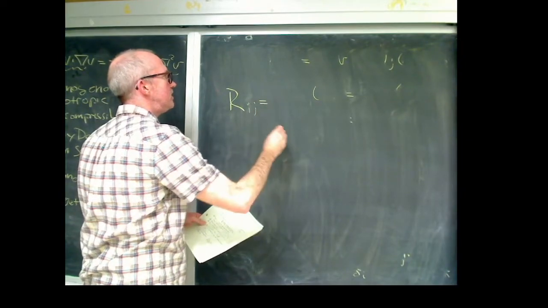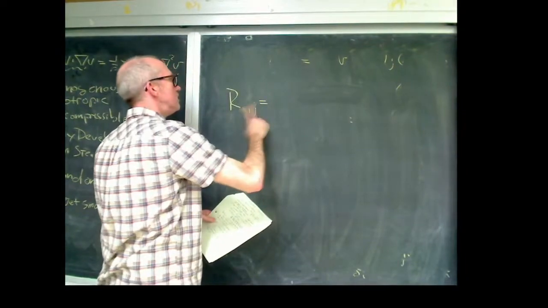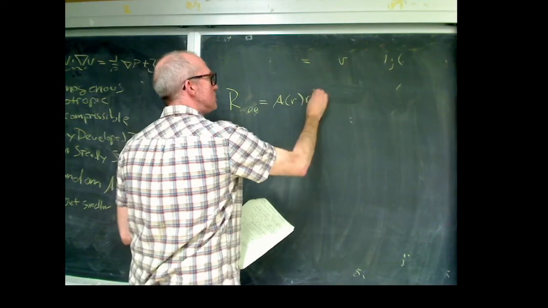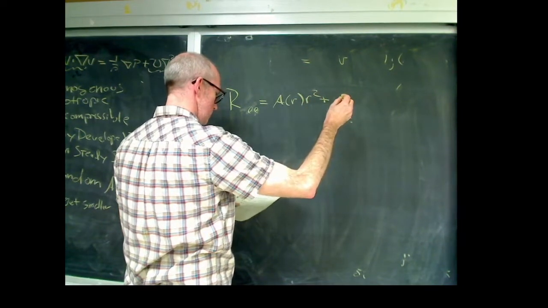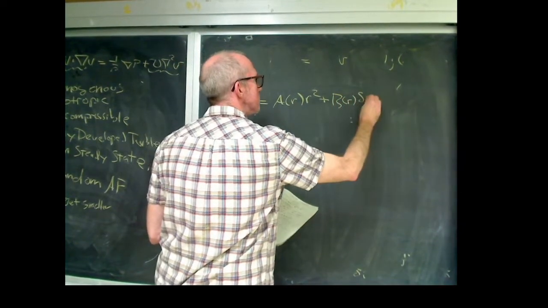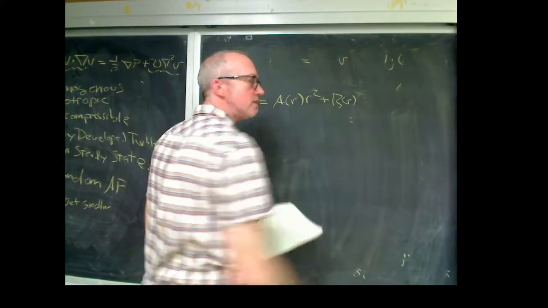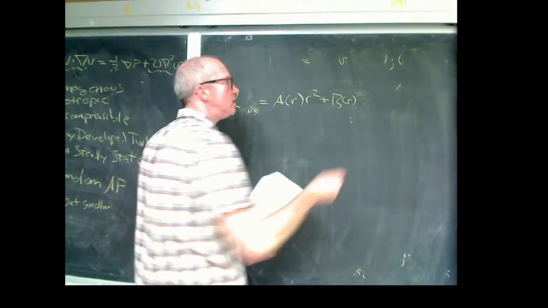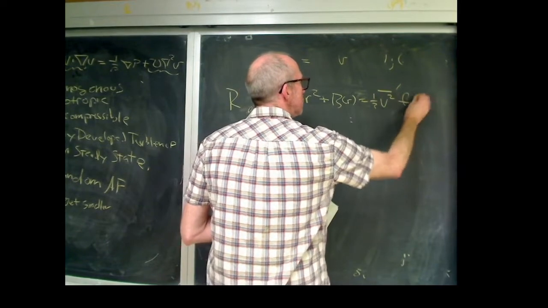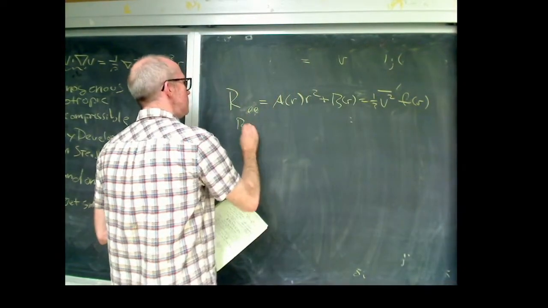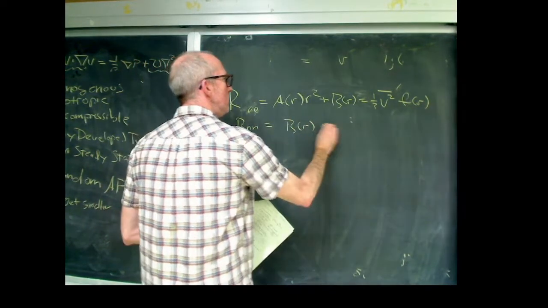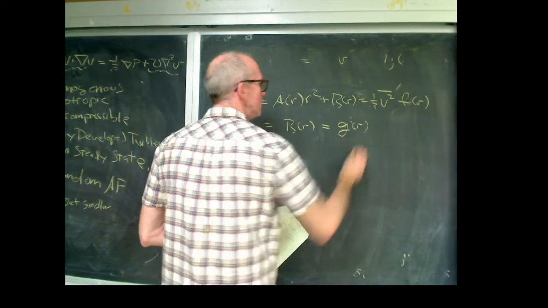R_ij is going to be, R_LL is going to be A r squared plus B delta_LL. No, the delta goes away because L and L are the same. Equals 1/3 v squared f of r. And R_NN equals some other function g.